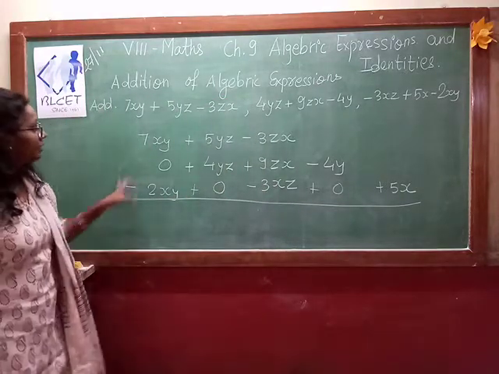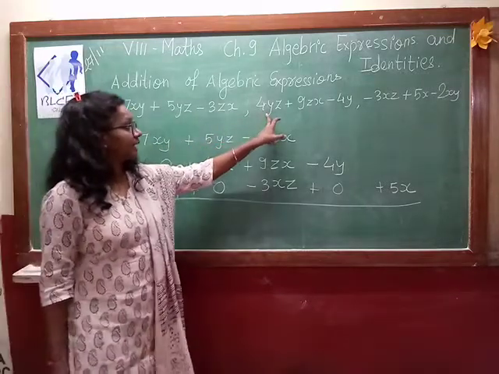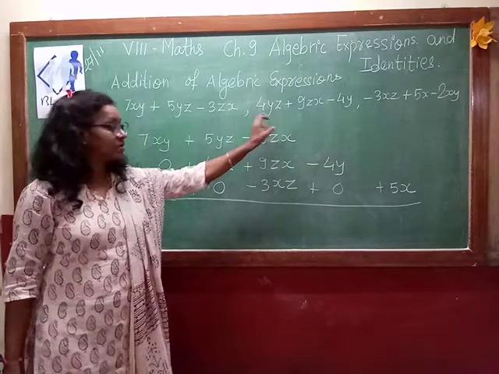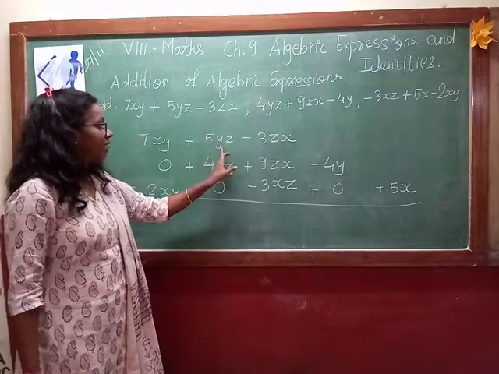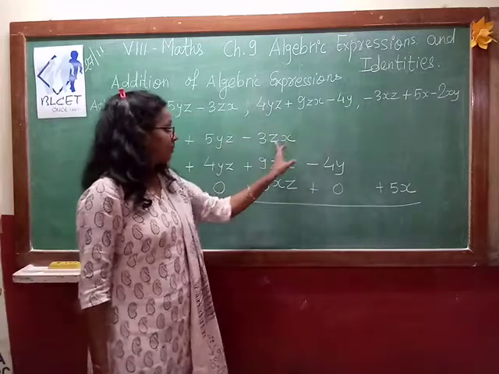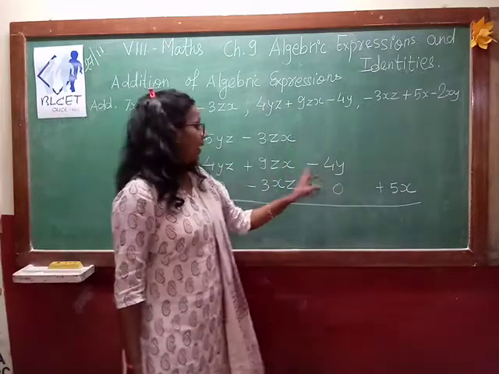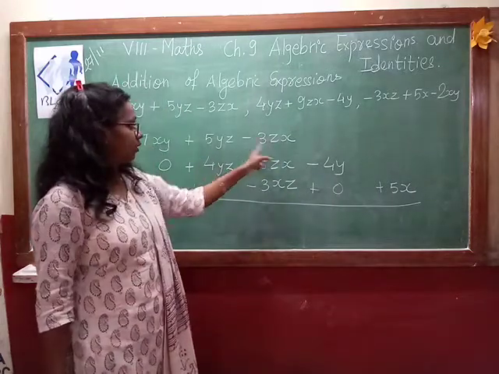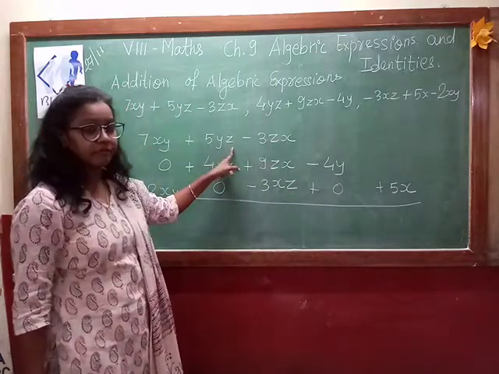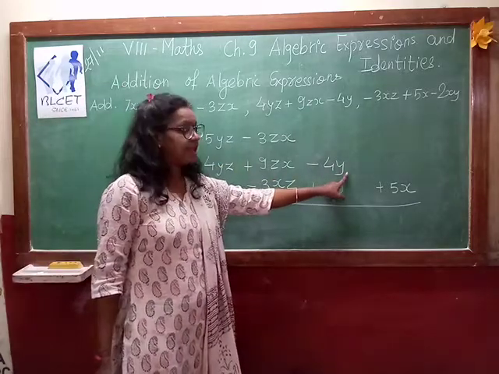Again I am repeating. Write down the first expression as it is. From the second expression you have to see the like terms. 5yz, so below 5yz you have to write 4yz. 9zx, so below zx we have to write 9zx, and minus 4y. There is no 4y term or no y variable term in the first algebraic expression, so write that separately at the last.